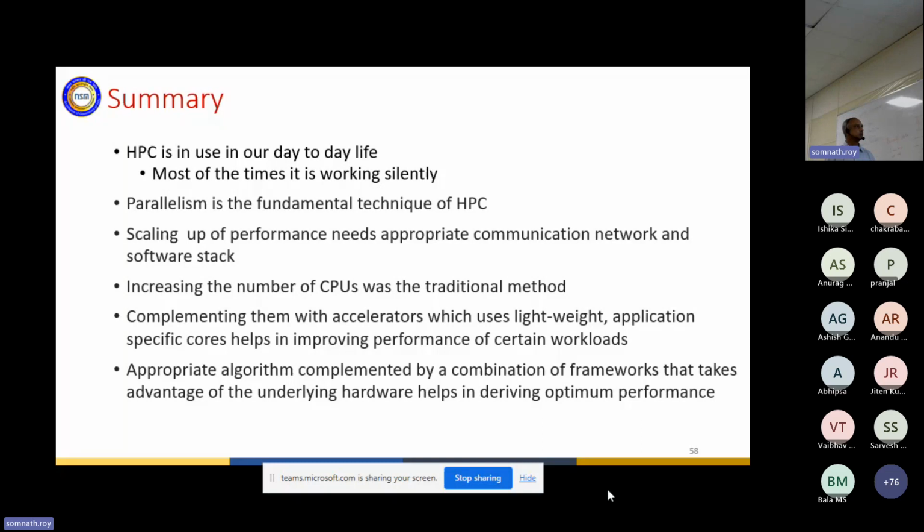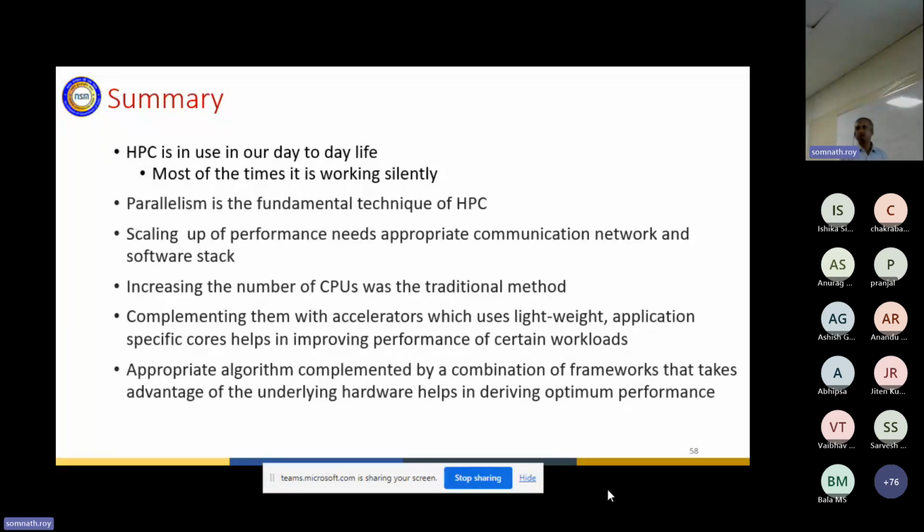When you want to scale up the performance and solve bigger problems, you have to have an appropriate communication network and software stack that allows the problem to be divided into so many parts and put together. It is like a symphony, where there is a conductor and so many performers, and they all work in sync. Same thing happens here, all the nodes have to work in symphony.